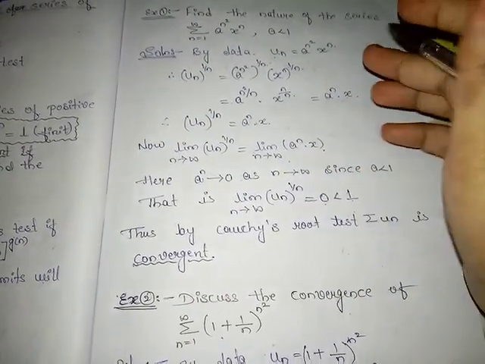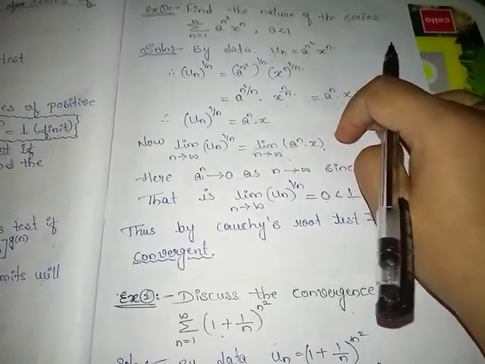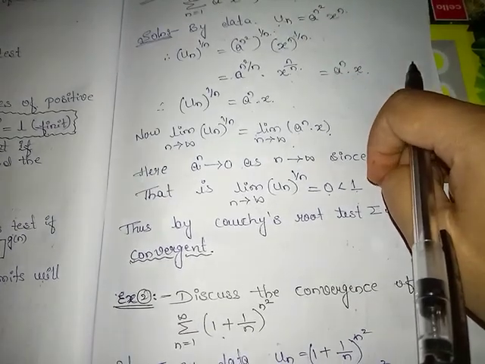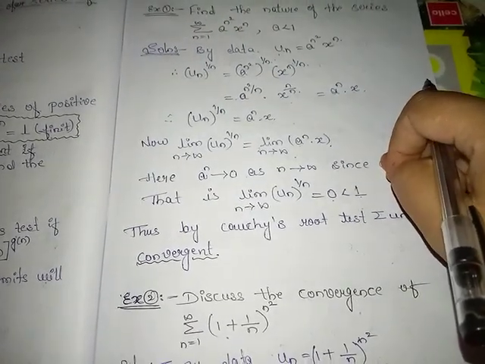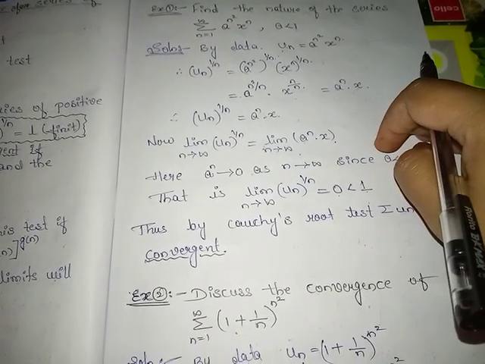In the examination they may give the test fail condition also, but you have to simplify it in the same way, using these steps you will get the correct result.